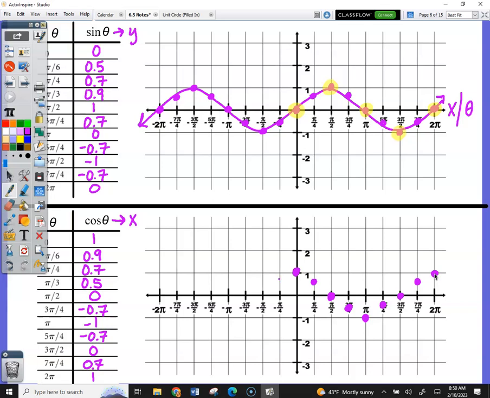So right here, 0.7, 0, negative 0.7, negative 1. Then I'm going to draw my curve, because I missed one of those.